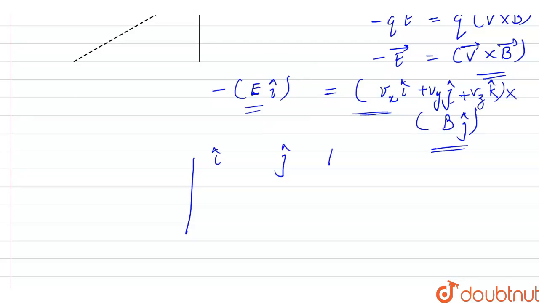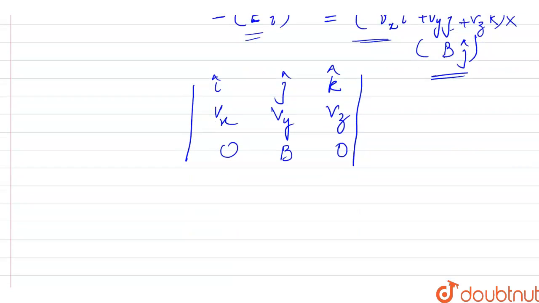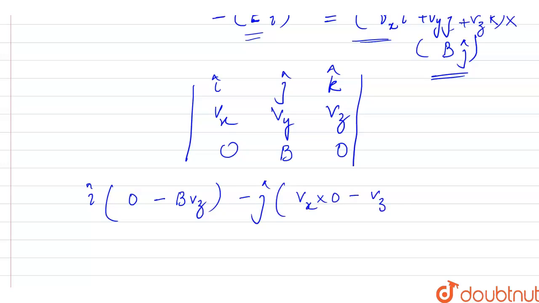The cross product of it would be the determinant with rows vx, vy, vz and 0, B and 0. This comes out to be i cap into 0 minus B vz, minus j cap into vx into 0 minus vz into 0, plus k cap into B vx.